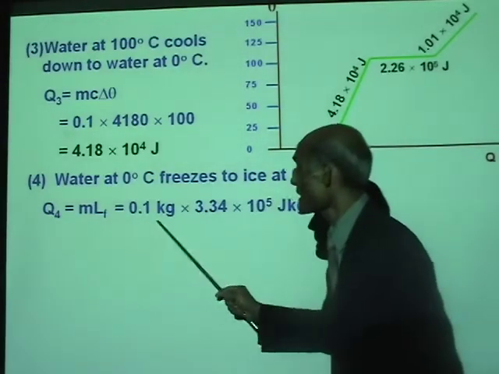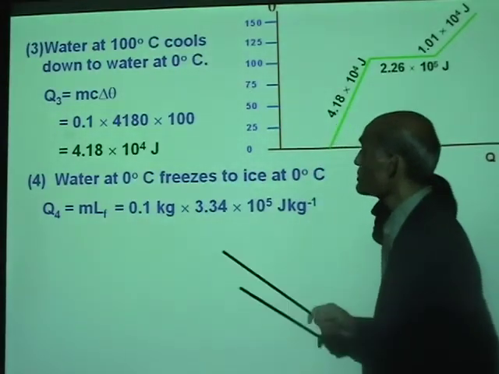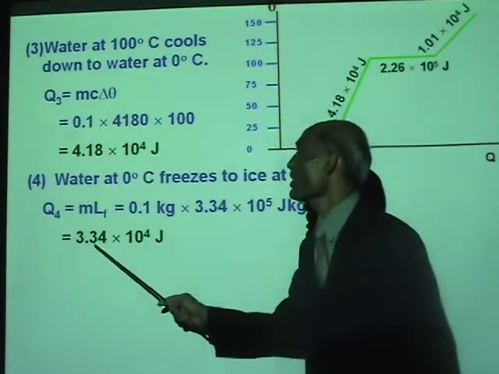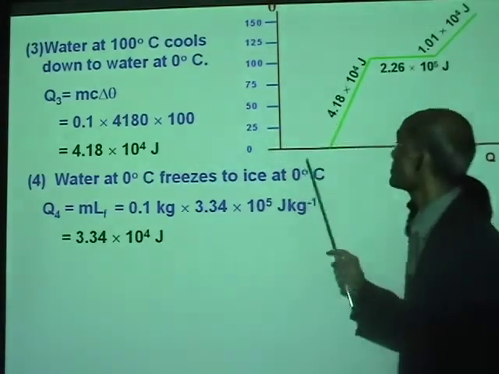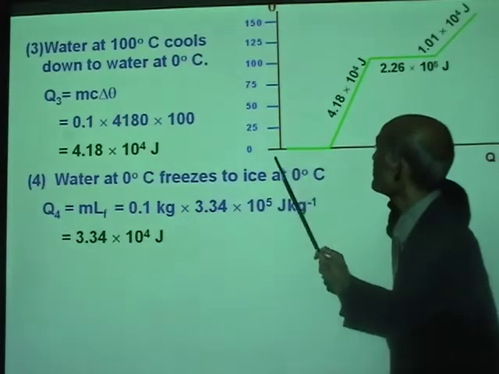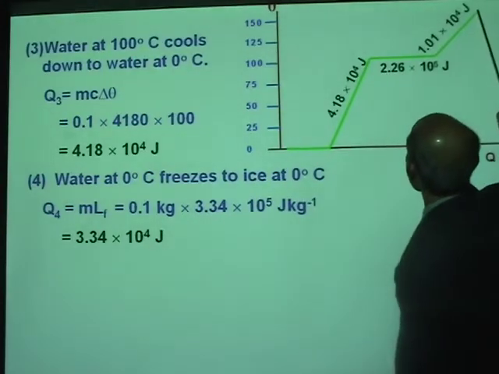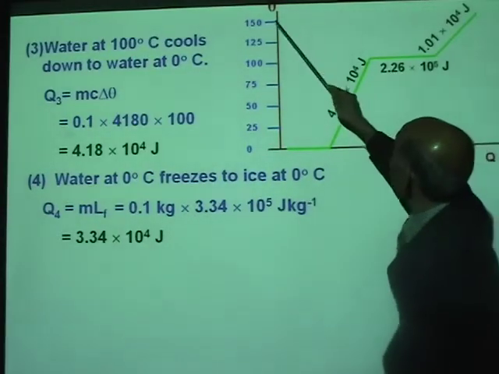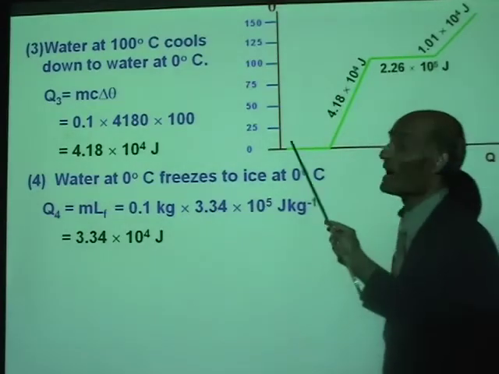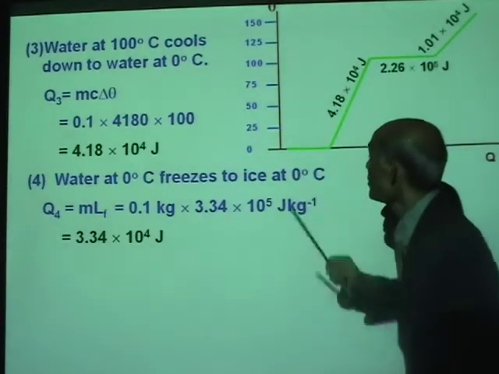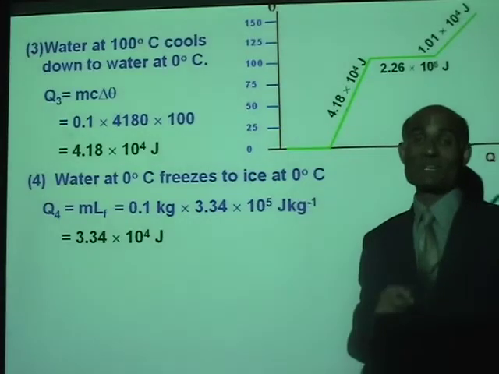Alright, 0.1 kilogram times the latent heat of fusion, that is 3.34 times 10 to the 4 joules, and there you are. So we started with steam at 100 degrees Celsius, and we are now back with ice at 0 degrees Celsius.